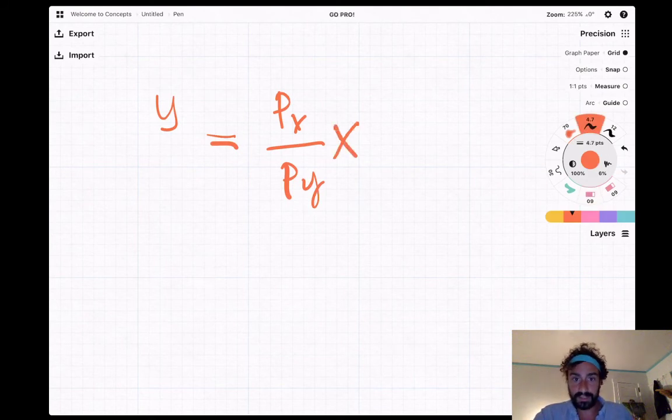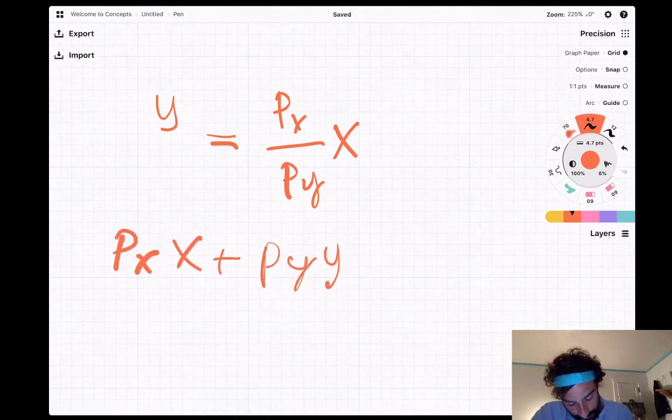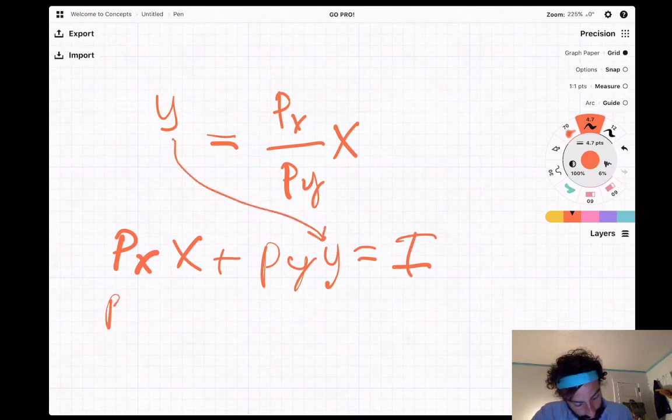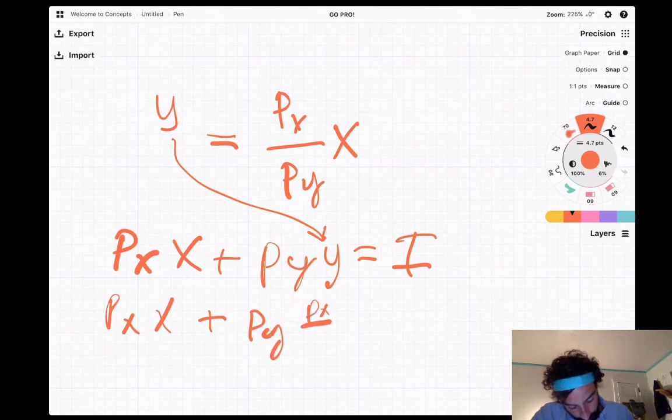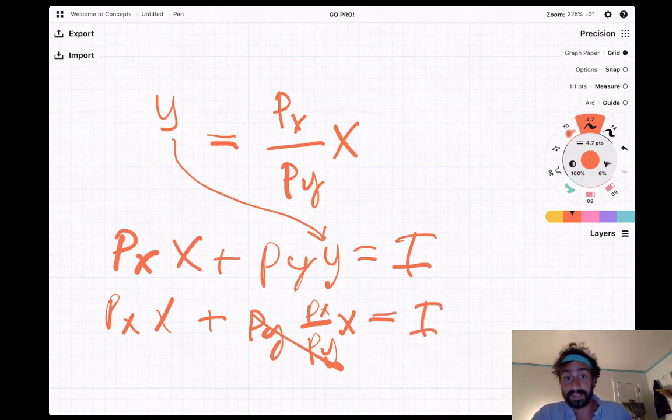Now we're going to plug this into the budget constraint so we have px x plus py y equals I. So we're going to plug this y in for that, and we get px x plus py times px over py times x, and the py's cancel, and so you get px x plus px x equals I, or 2px x equals I.